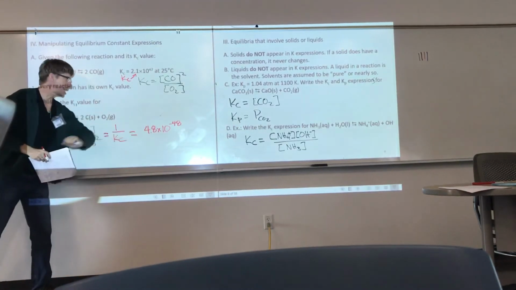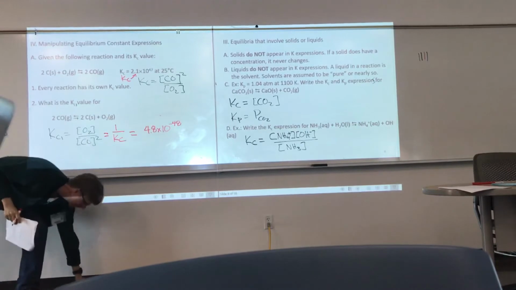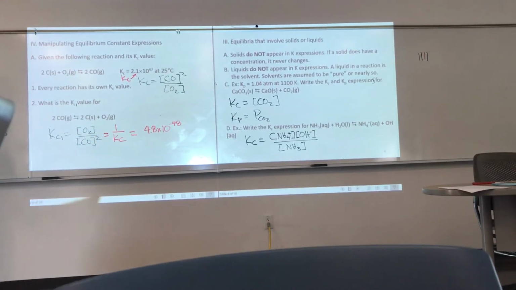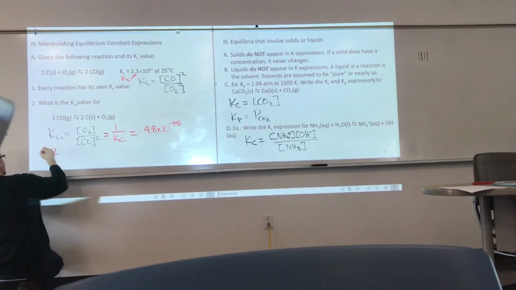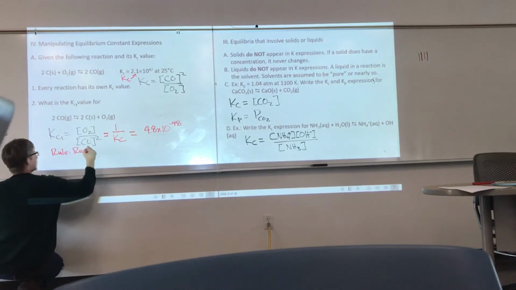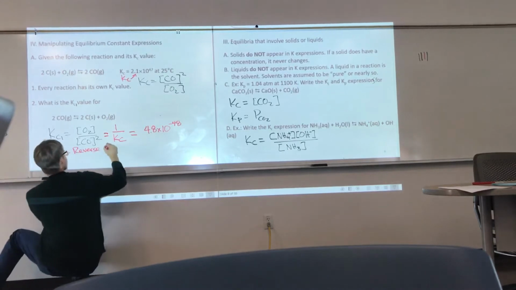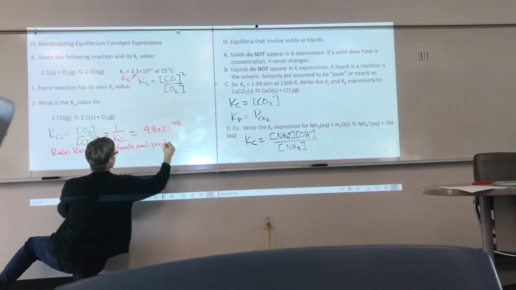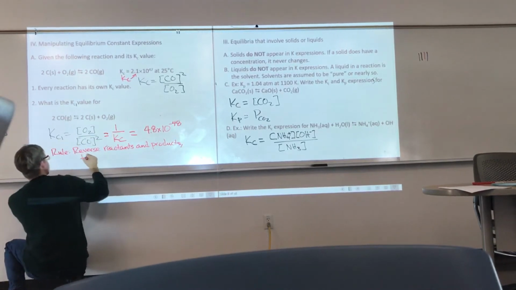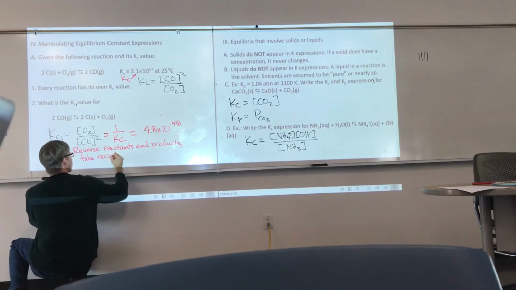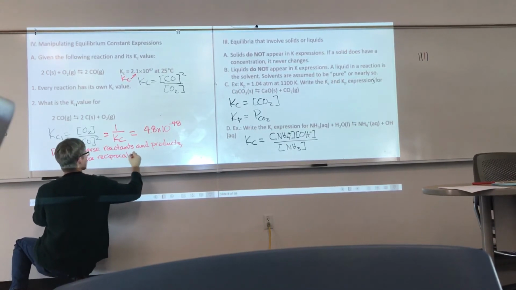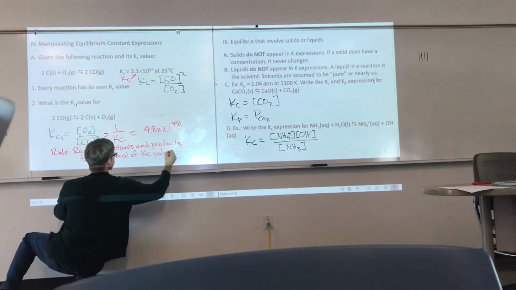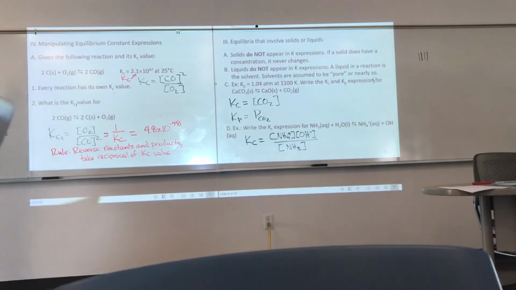And I get a value of 4.8 times 10 to the minus 48. And the rule is: reverse reactants and products, take the reciprocal of the Kc value.